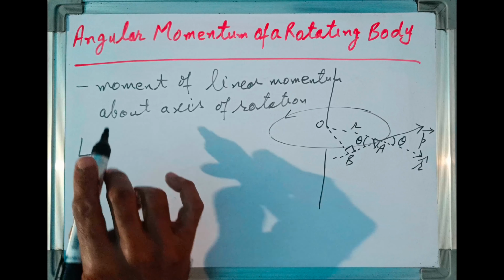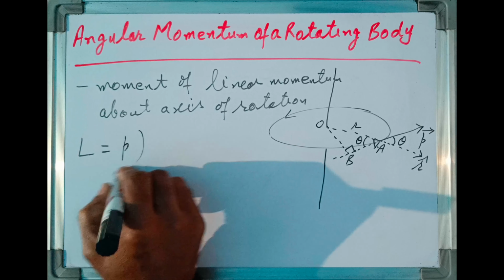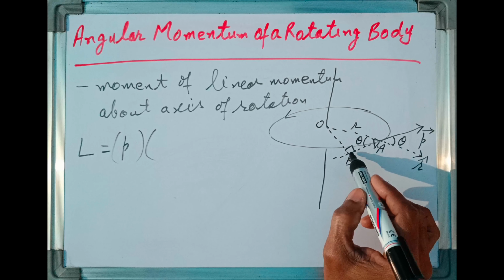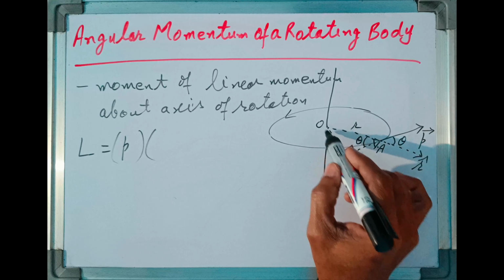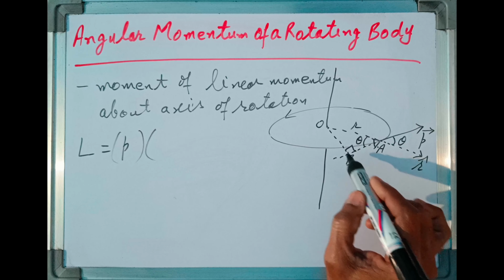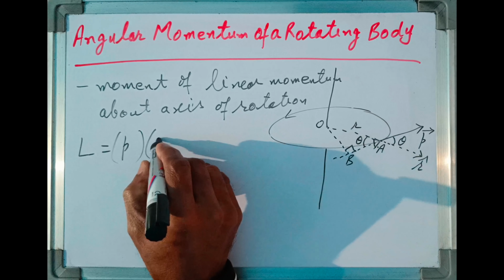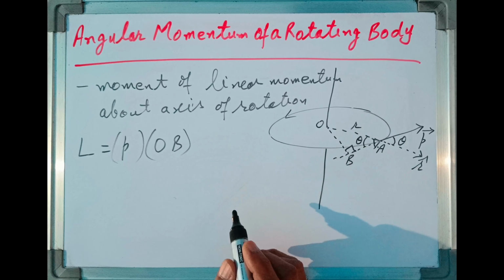So what is the meaning of moment of linear momentum? Moment means you multiply the magnitude of linear momentum with the perpendicular distance of the line of linear momentum from the axis of rotation. As is clear from this diagram, the perpendicular distance is distance OB. We have to find the value of OB.